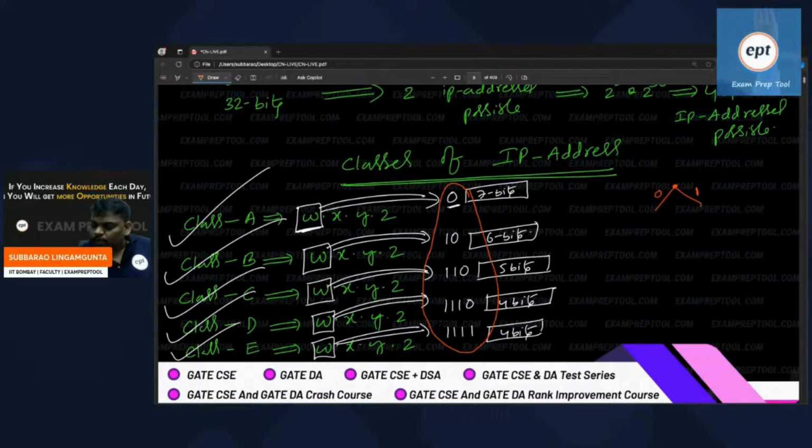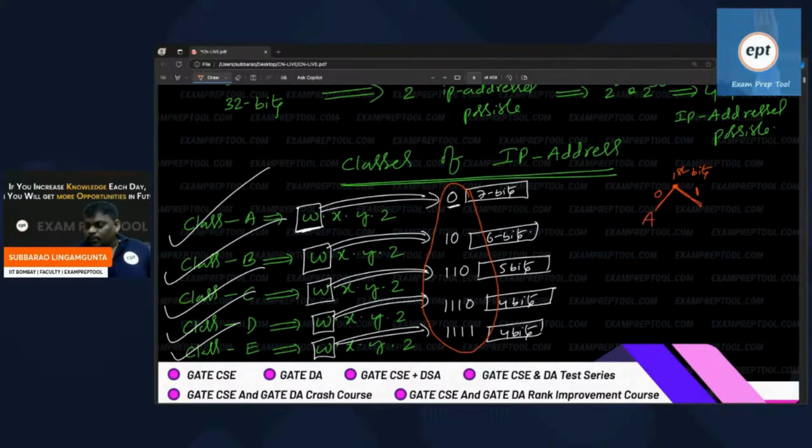In the first octet, if the first bit is 0, which class? A.